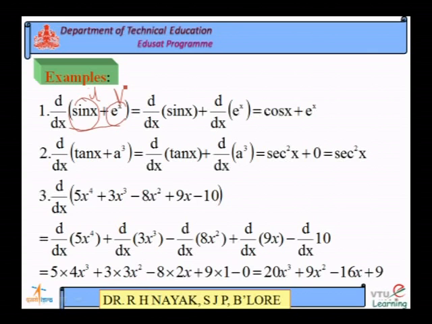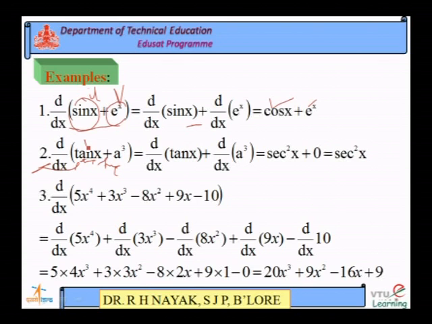We know that differentiation of sin x is cos x. Differentiation of e power x is e power x only. You take the second example, differentiation of tan x plus a power x.